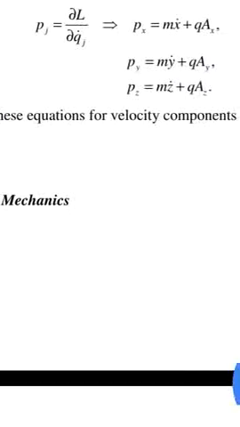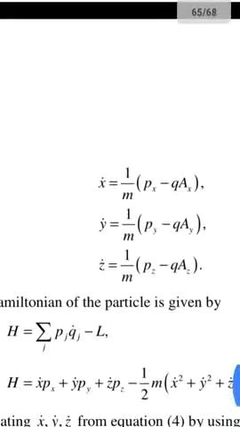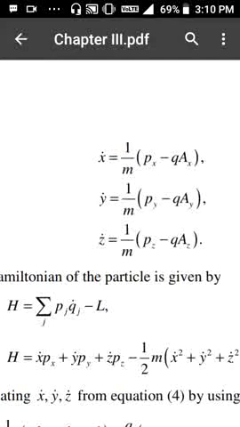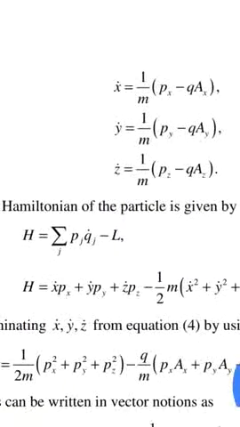Solving this equation for the velocity components, we get x dot = 1/m (Px - qax), y dot = 1/m (Py - qay), z dot = 1/m (Pz - qaz).